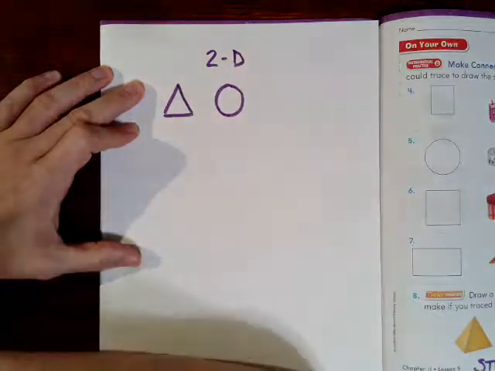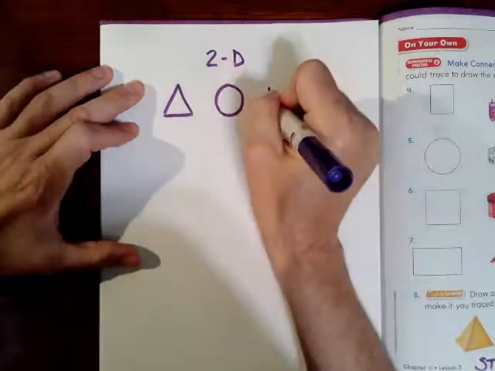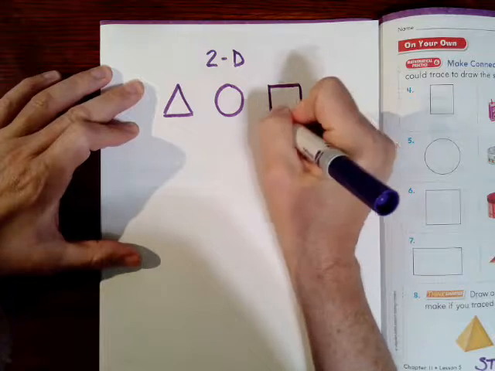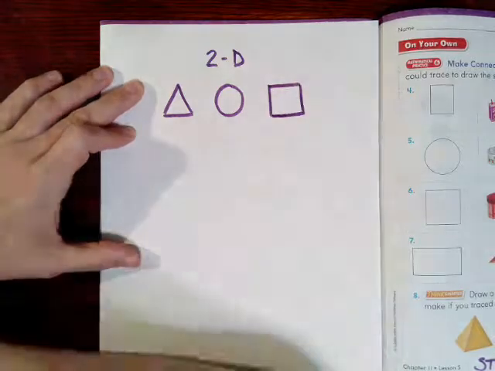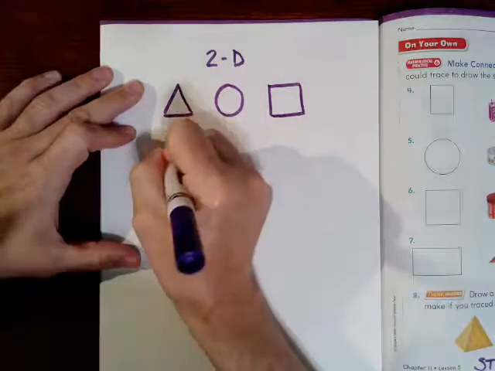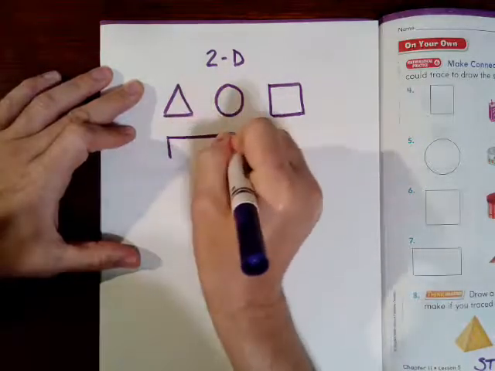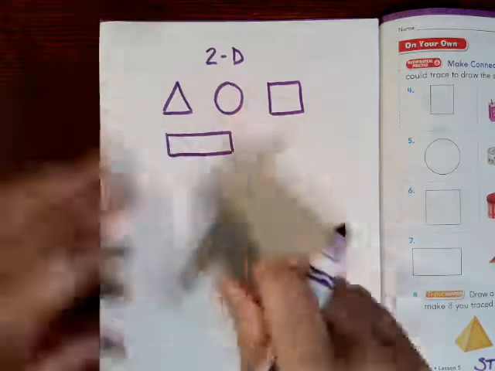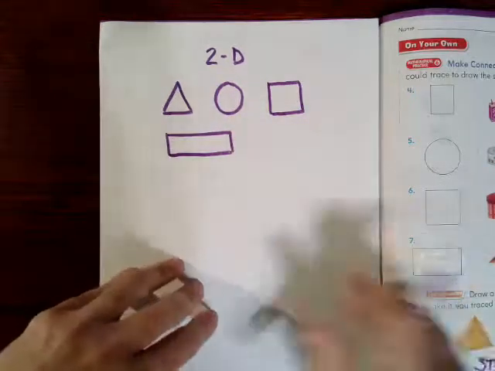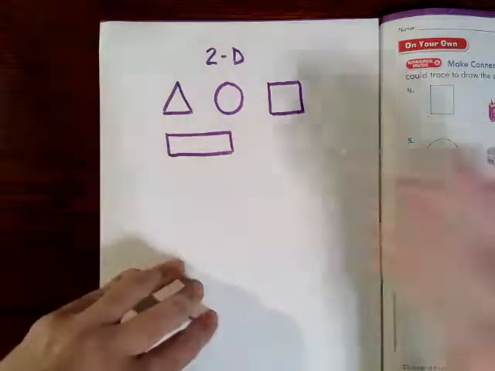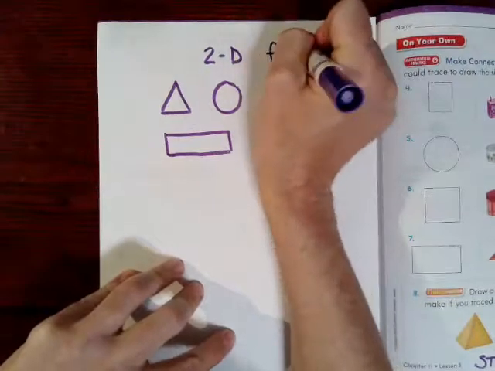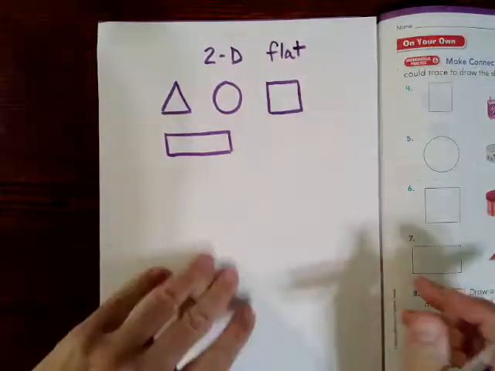That's a circle. Could be a square. Could be a rectangle. There's lots of two-dimensional shapes, but that's what they mean in the book. They mean flat shapes that you already know.